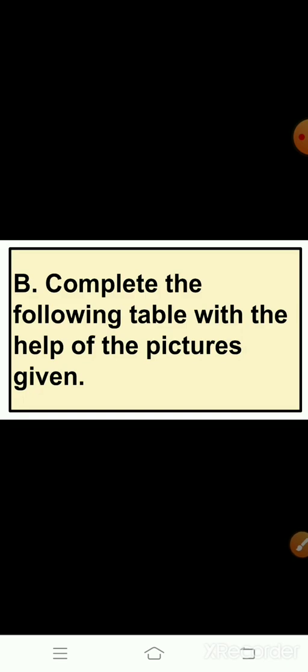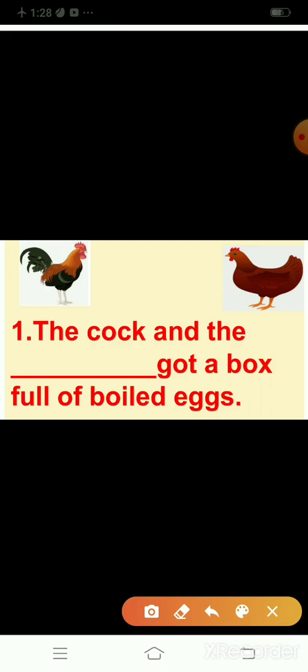Complete the following table with the help of the given pictures. Now the pictures are the clue to complete the sentence. So let us read out the sentence, children.